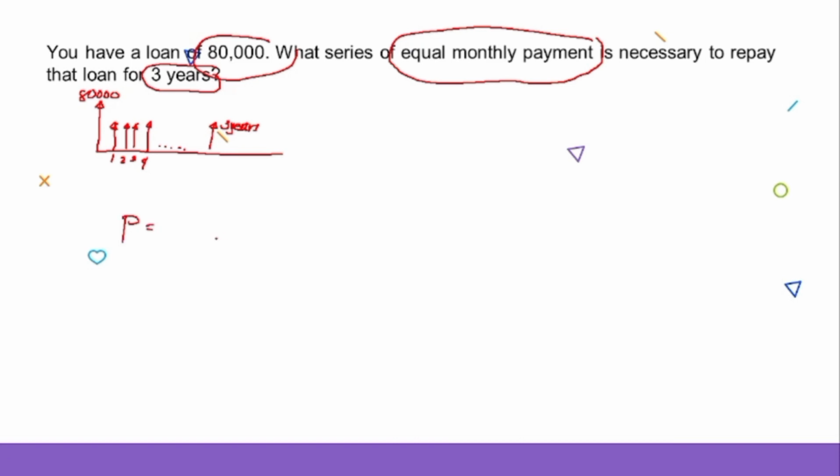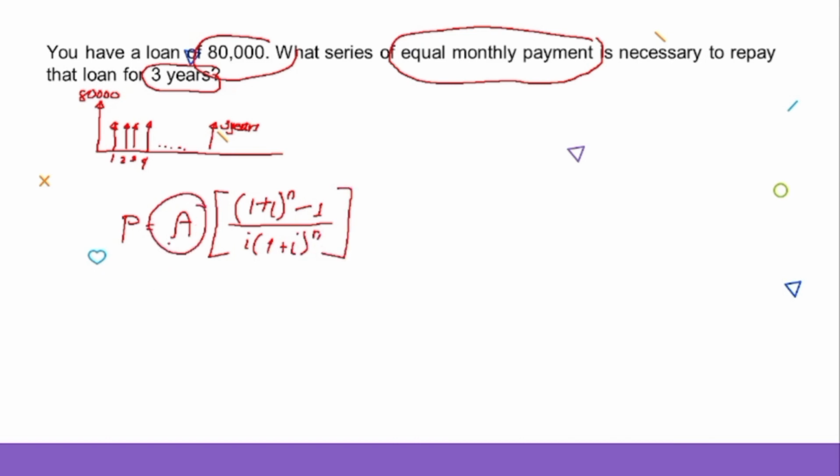P is equal to A all over the interest times 1 plus I raised to n. But we are asked to calculate for this one.